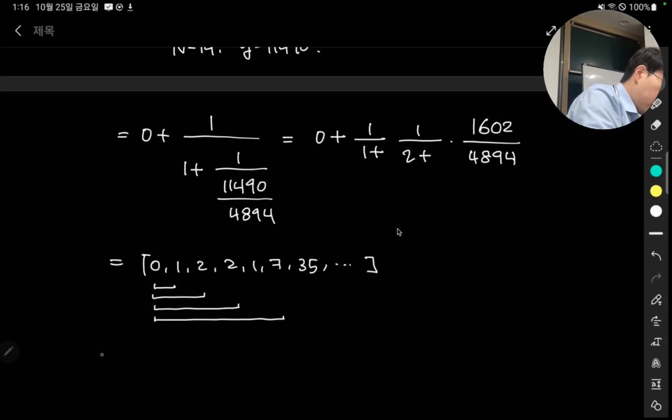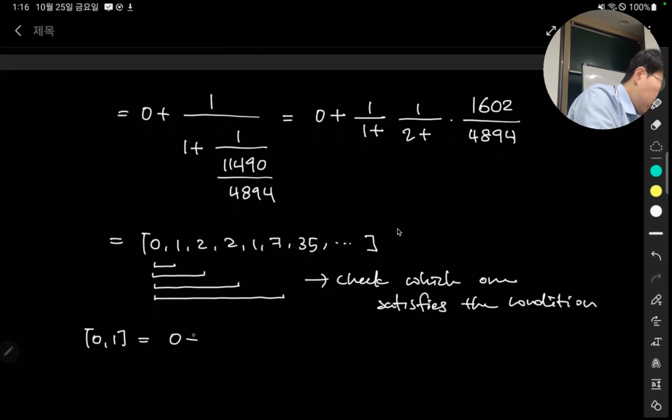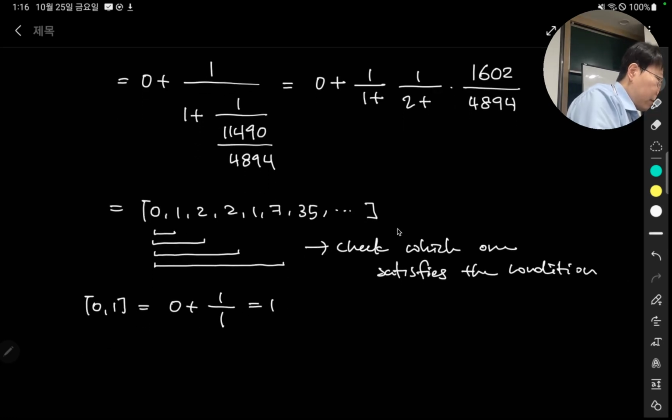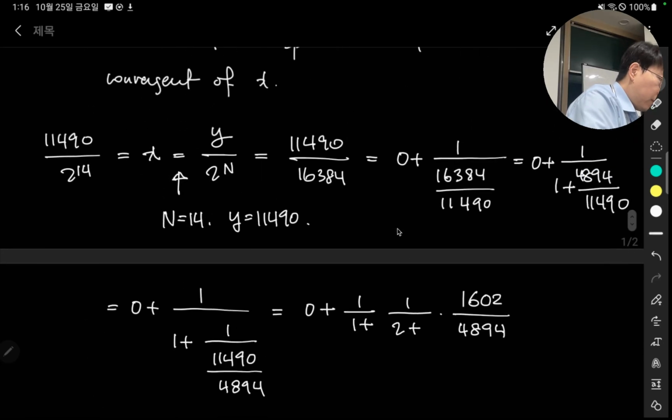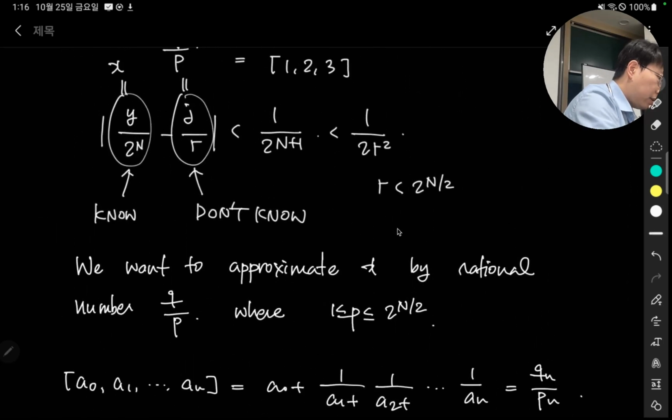So first, let's take 0, 1, and check which one satisfies the condition. What is it? It's 0 plus 1, so it's just 1. Okay, that's not what we want. The problem is that we don't know what r is, the period.